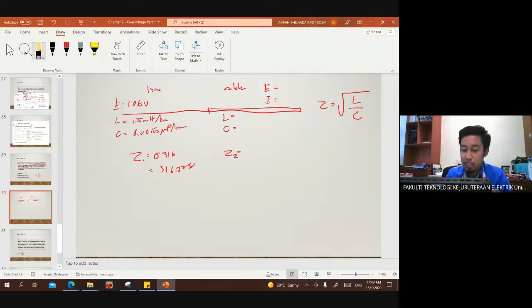So macam mana kita nak dapatkan nilai current dia? So sekarang voltage dah ada. So macam mana nak dapatkan nilai I? Based on simple equation lah, Ohm's law saja. E equals I Z, betul?